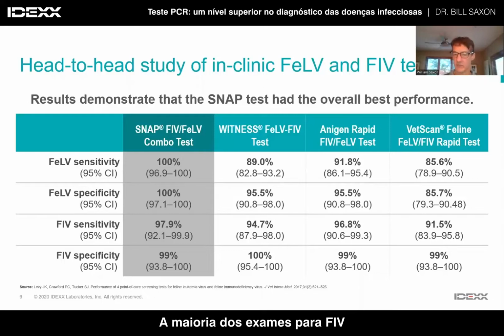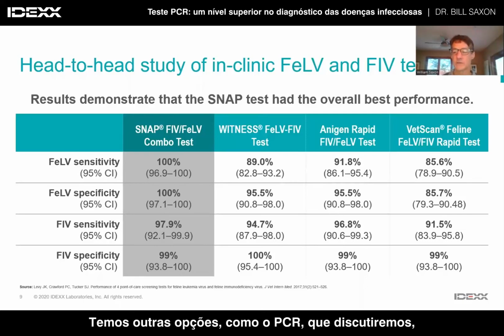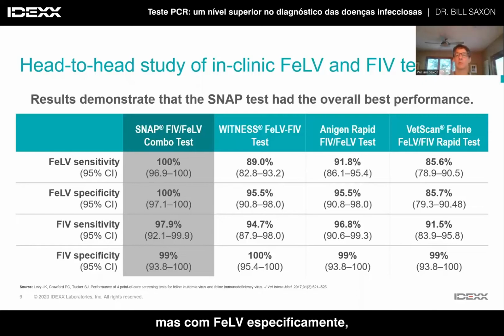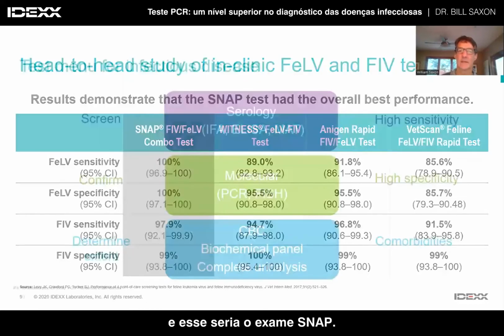Most tests for FIV are pretty good these days. In fact, so good that a positive test usually confirms the disease. All right, we have other options, PCR, as we'll discuss. But with FeLV specifically, we really do have differences in sensitivity and specificity. Reach for the test that has the higher numbers, and that would be the SNAP test.